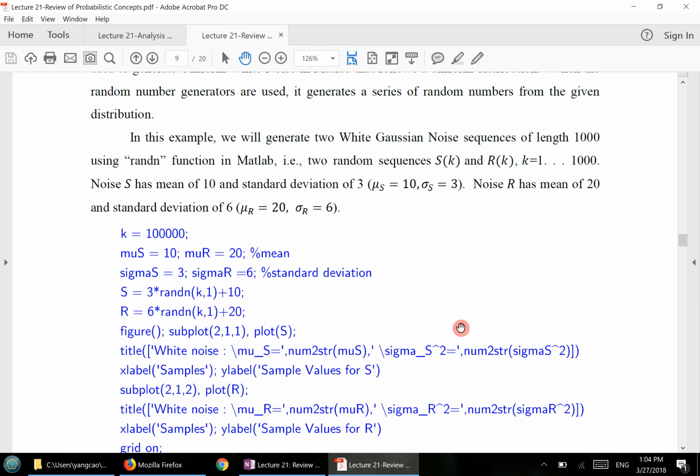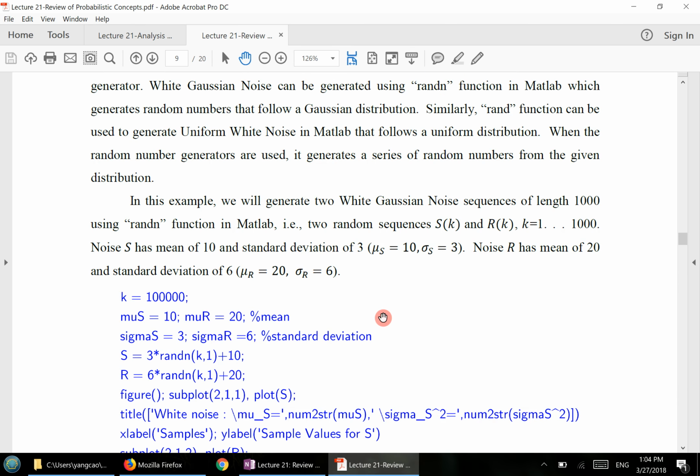In this example, we're taking two random variables, s and r. Let's say s has a mean of 10, r has a mean of 20, the standard deviation for s is 3, and the standard deviation for r is 6.